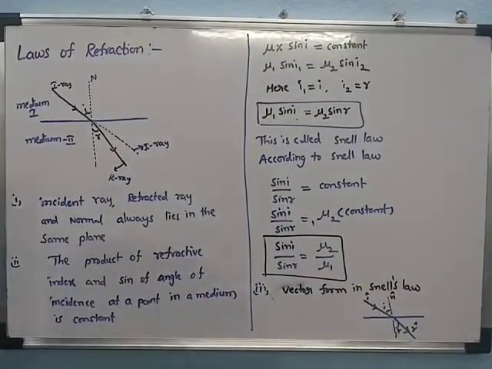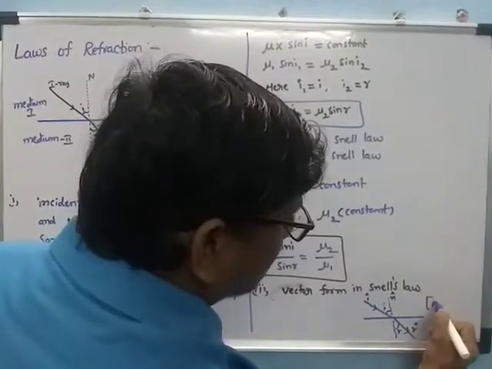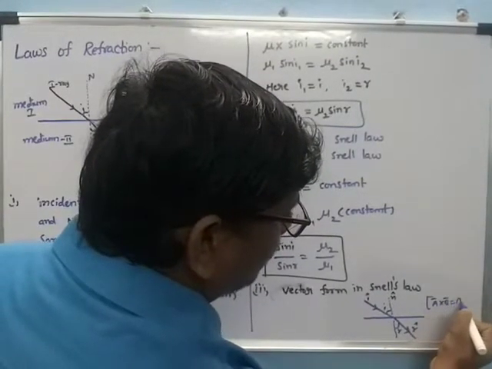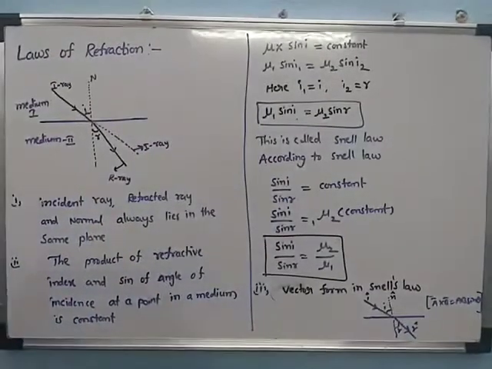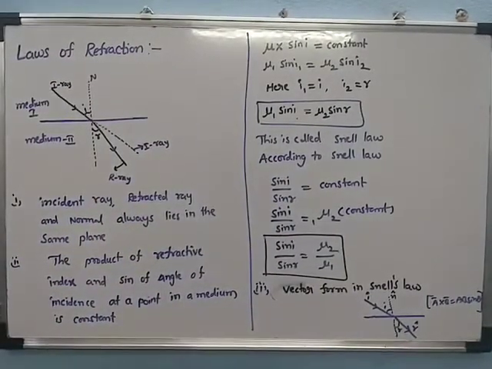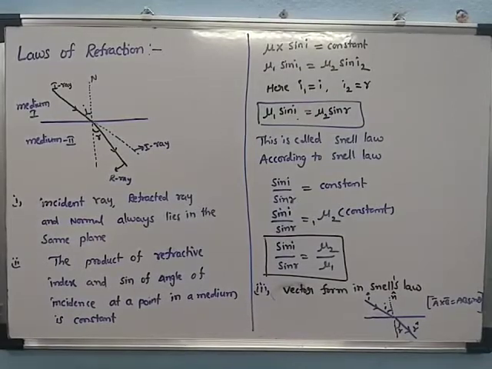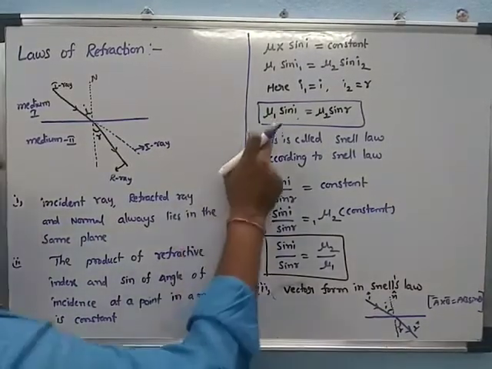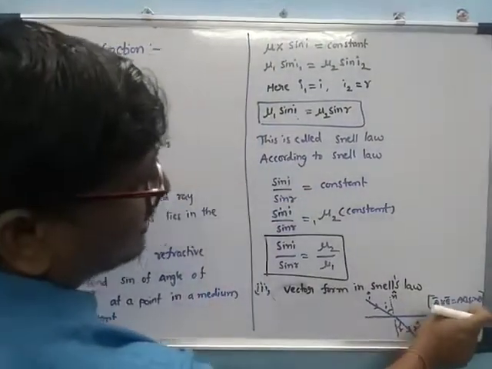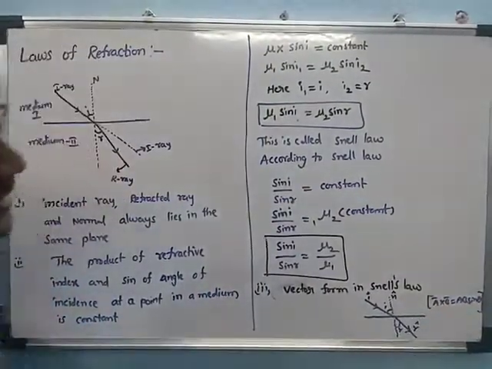In vector form, what is the reason? A bar cross B bar is equal to AB sin theta. In first year we learn about the vector product: A bar cross B bar is equal to AB sin theta. Here it is just like AB sin theta, so we can write it in vector form.